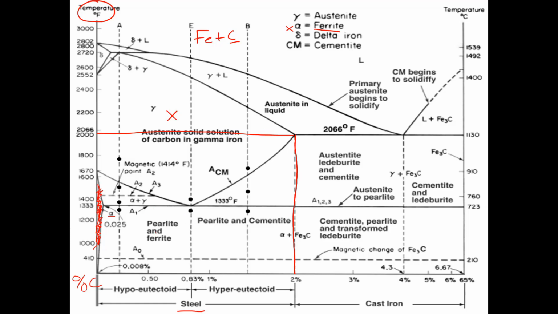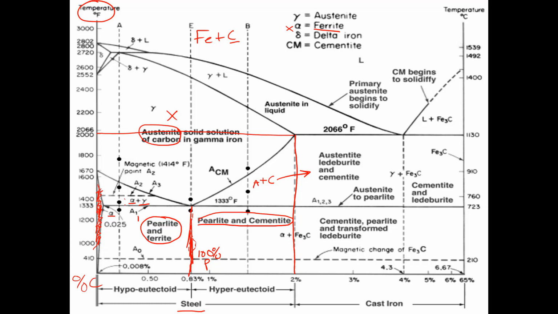It's not even there. So really we have 6 zones, right? And I'm going to start in this bottom left-hand corner. We have perlite and ferrite. Here we have ferrite and austenite. We have austenite in this zone up here. We have austenite and cementite here, which comes from that. And then we have perlite and cementite in this zone right here. And then right here on this line, we have 100% perlite.